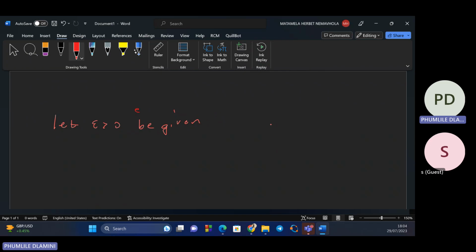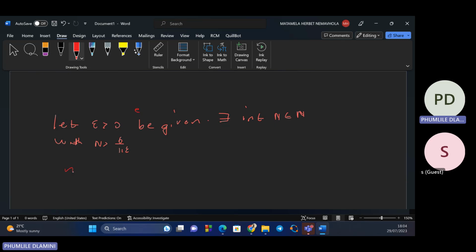Therefore, there exists an integer n, which is an element of the natural numbers, with this n greater than 11 over 6 epsilon. Sorry, it should be greater than 6 over 11 epsilon. This is according to the Archimedean postulate.